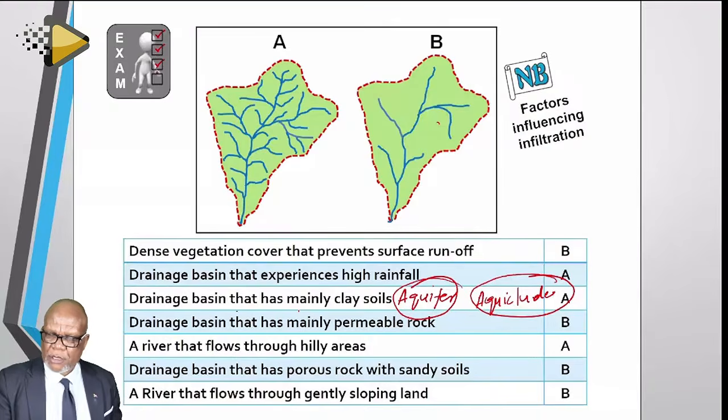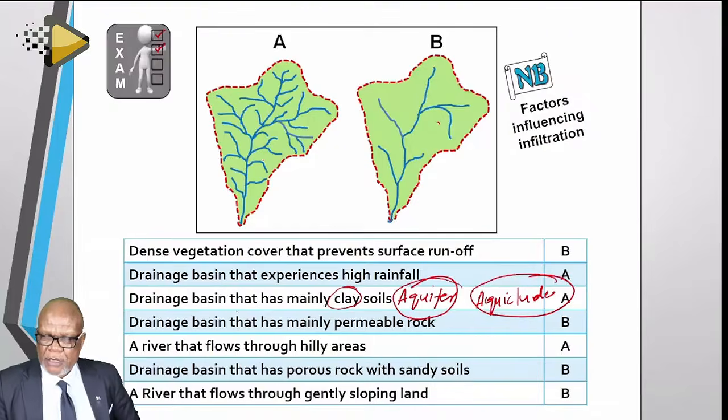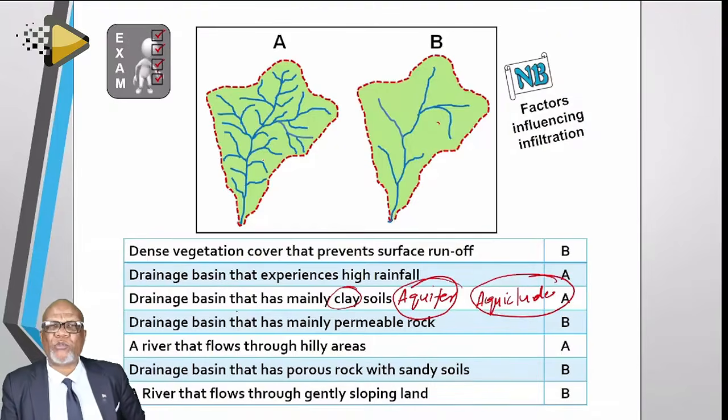Clay soil is an aquiclude. It does not allow water to pass through. So if the water is not infiltrating, then water is going to flow on the surface. So A is clay soil because there is more water on the surface.